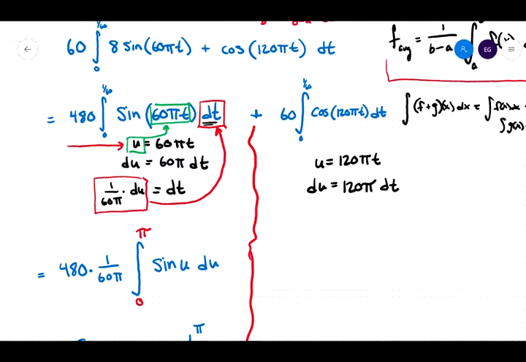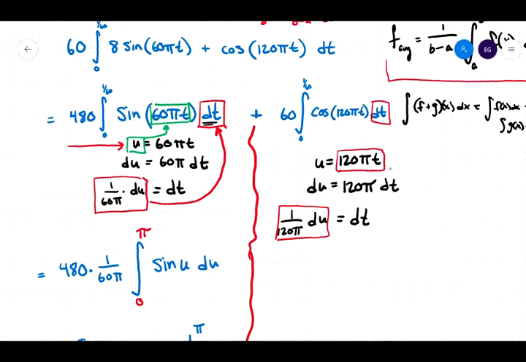And again, we just want to substitute for the dt, so let's isolate the dt. We could say 1 over 120 pi times du is equal to dt. So we'll plug this into our integral for dt.